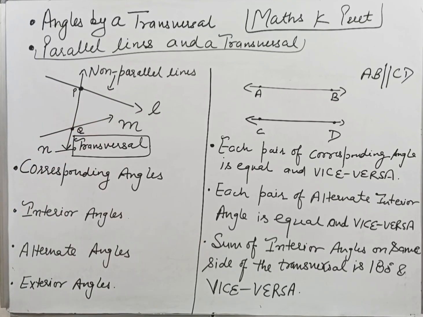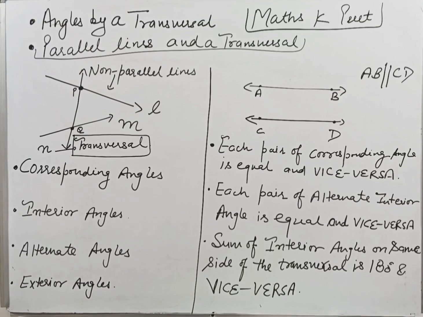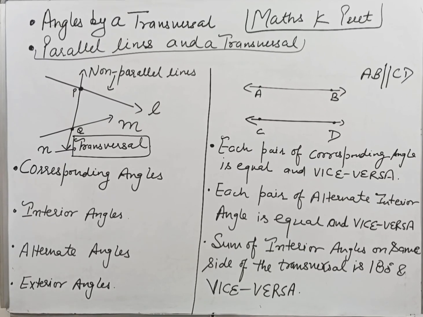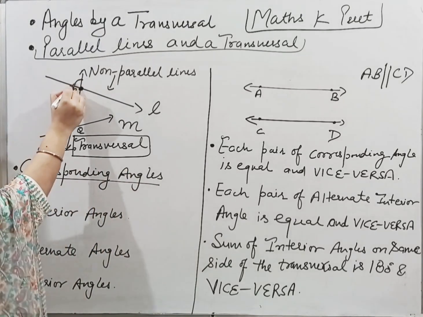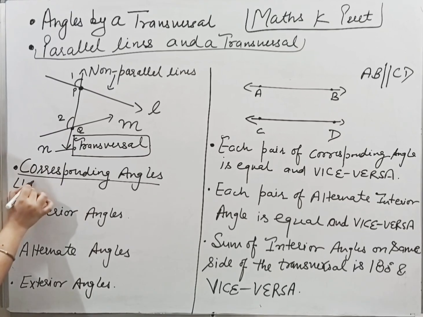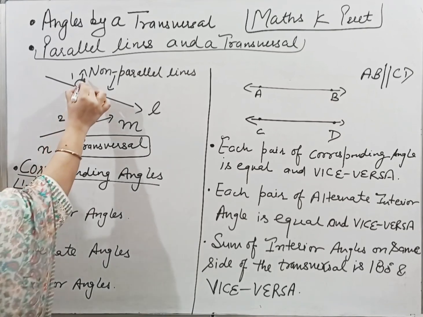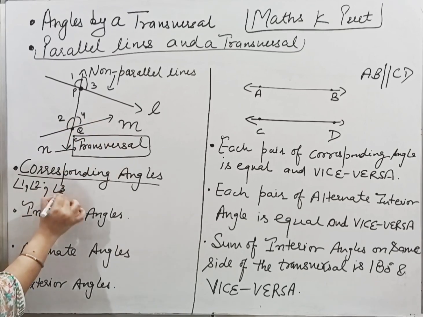Such an intersection gives us many pairs of angles. So let's see what types of angles they are. First are the corresponding angles. Here angle 1 and angle 2 is the first pair of corresponding angles. Angle 3 and angle 4, this is the second pair.